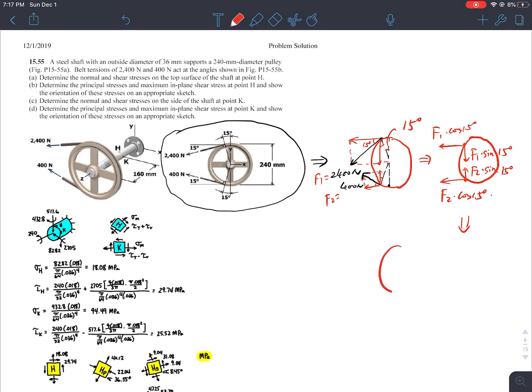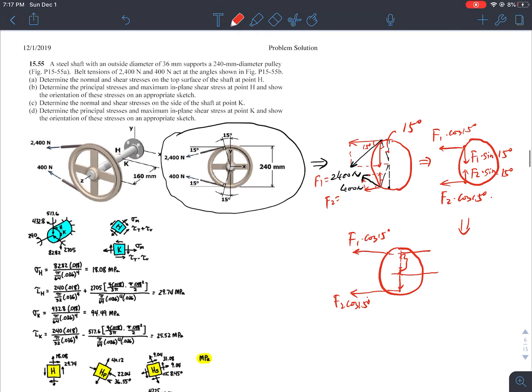With all these forces, I combine them now on the wheel. Essentially, I have a coupled moment: F1 cosine 15 degrees multiplied by a distance of this much, and F2 cosine 15 degrees multiplied by a distance of this much. I know this distance right here by trigonometry: this is 15 degrees, so this distance is r cosine 15 degrees, and same here.